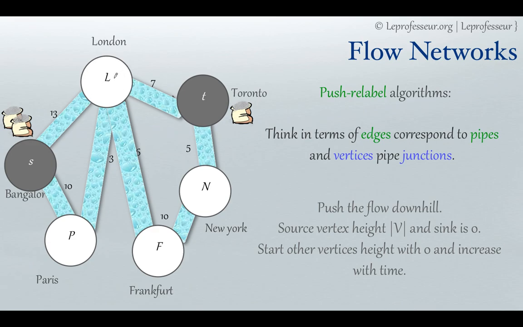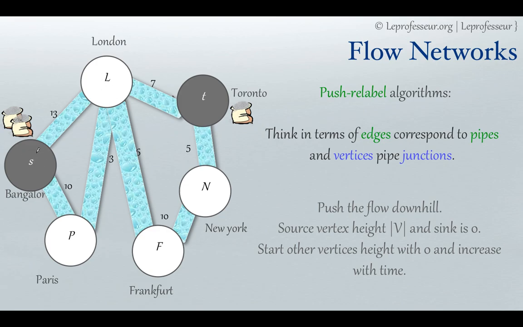What does a joint do? It just facilitates the distribution of the water along the different edges, and the condition is that it should not store any water, or its excess flow should be zero, it should not overflow. So that's the basic concept on which we're going to be working.